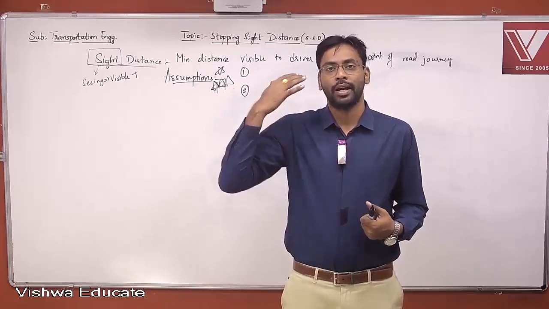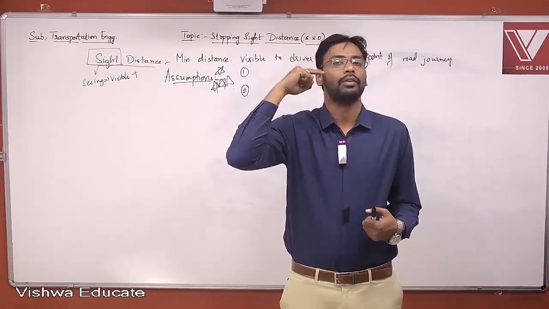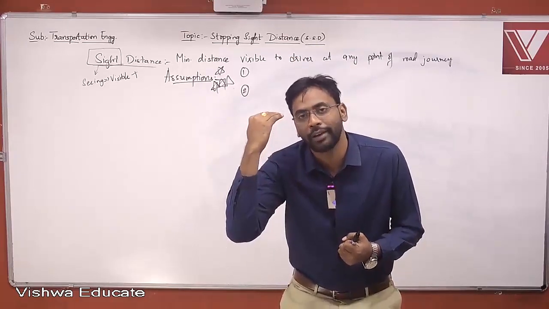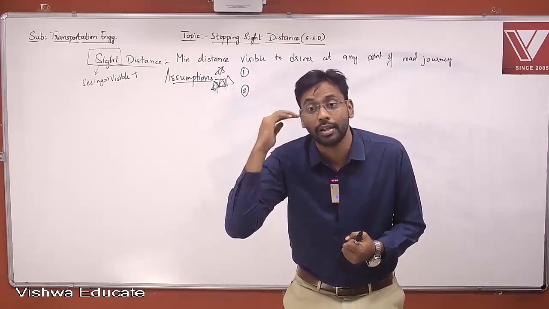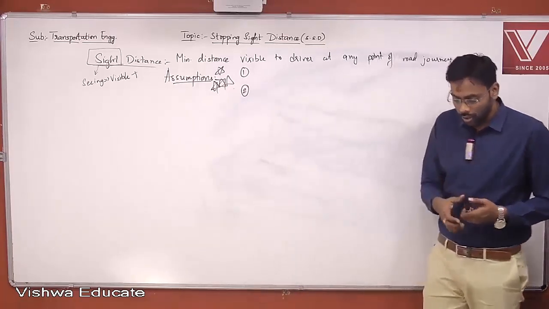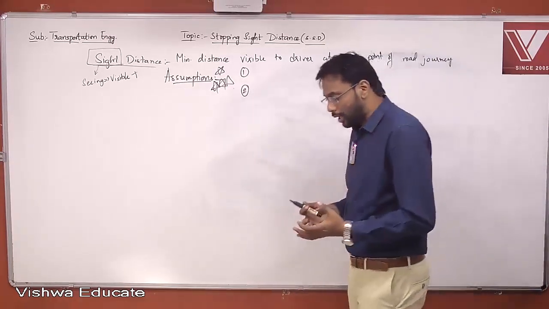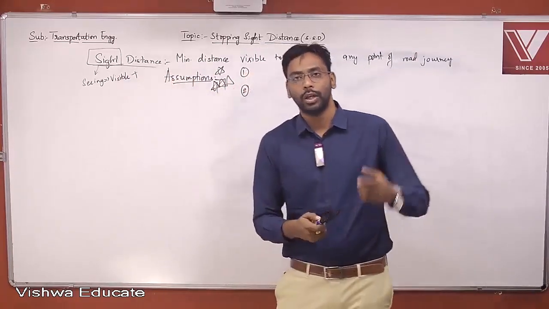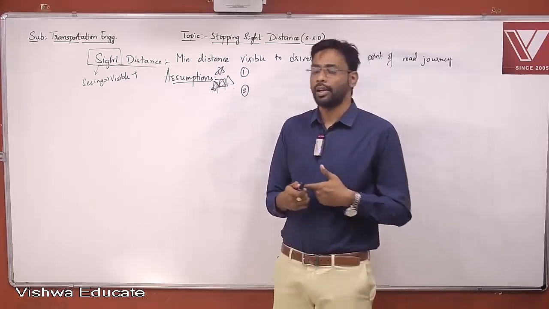If I'm standing like this, I can cover more distance. If I sit, my eye level decreases, and the maximum distance I can see will decrease. So the major element influencing the sight distance is the driver's eye height.